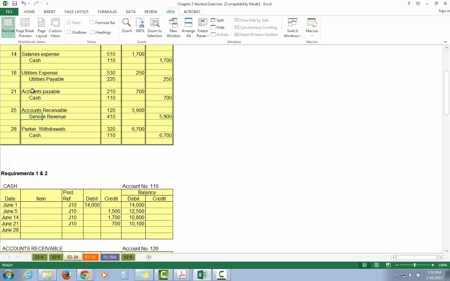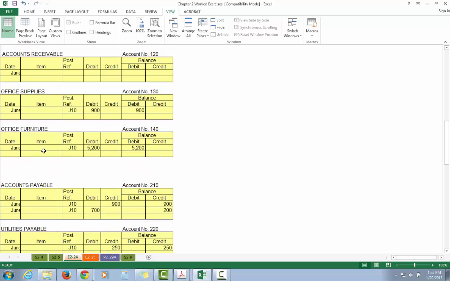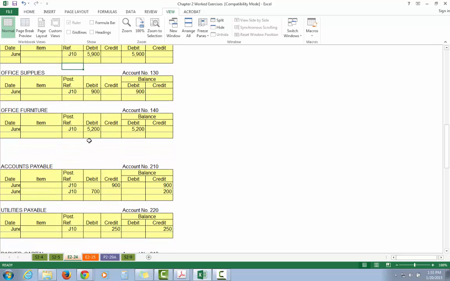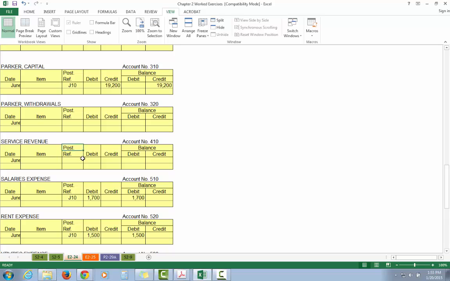The last thing was over here, we're going to have accounts receivable, debit, $5,900, and credit service revenue, $5,900. So I'm going to go to accounts receivable, debit at $5,900, and go to service revenue, $5,900 credit.